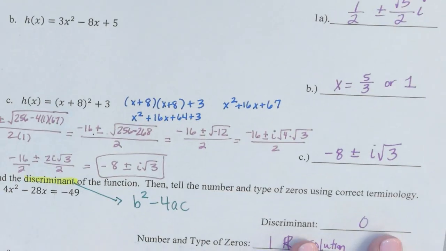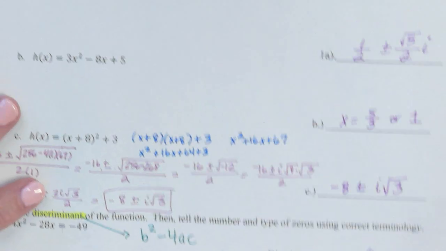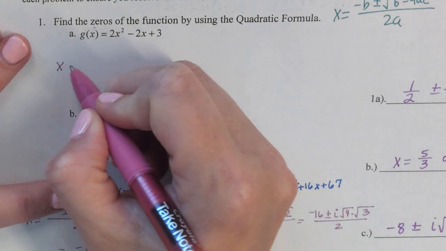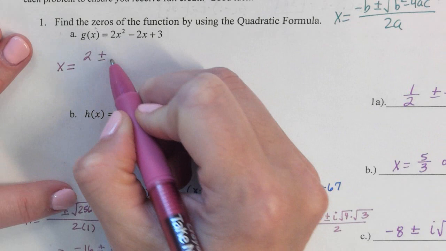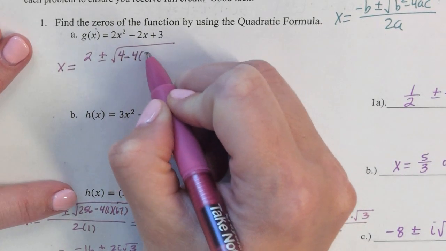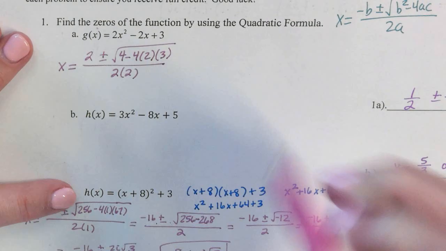That one you did have to do multiple reductions. So you should have the opposite of 2 is positive 2, and then b squared would be 4 minus 4ac divided by 2a.